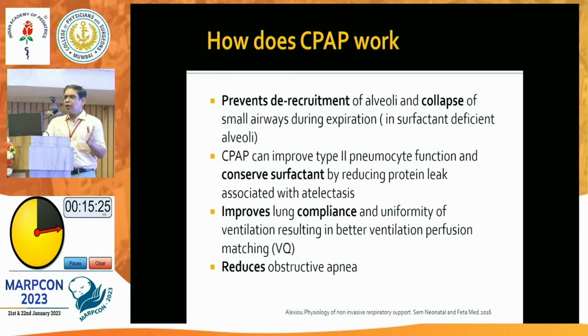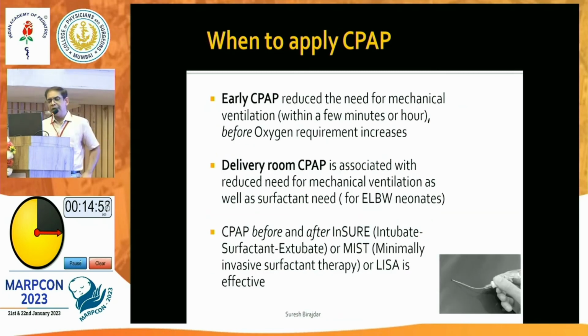Previously, all babies with respiratory distress syndrome were given surfactant, but then we realized that just giving them CPAP can also make sure that surfactant production continues. The process of endotracheal intubation itself can cause so many problems, so just giving CPAP can avoid intubation and prevent all these complications. And as I said, CPAP also helps in reducing the incidence of obstructive apnea.